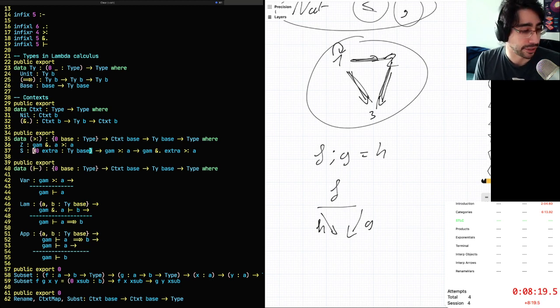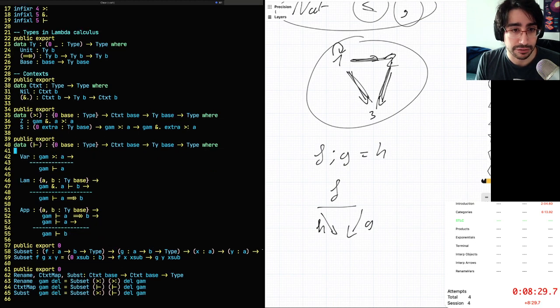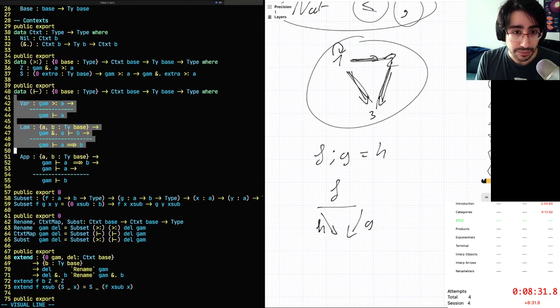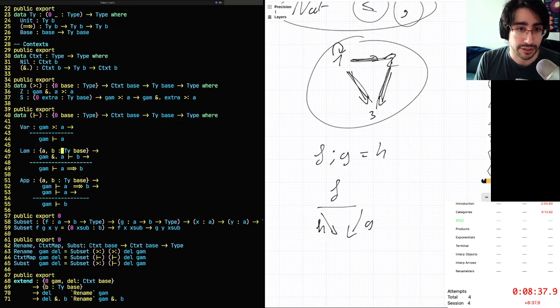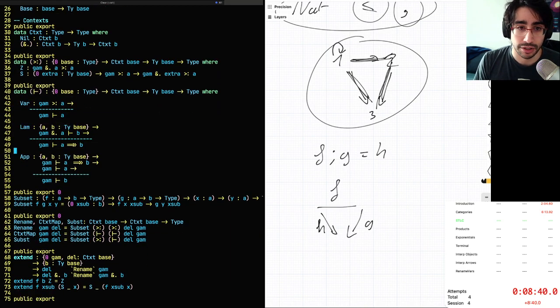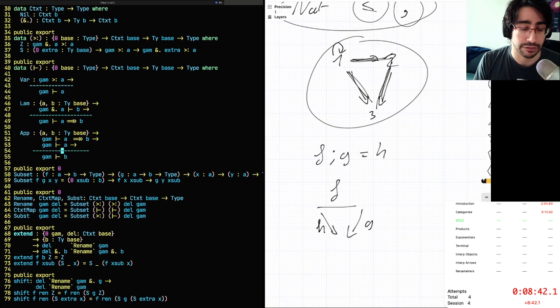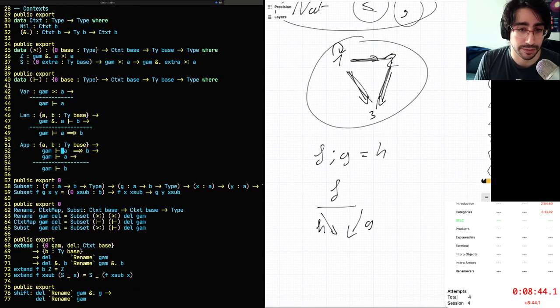This is commonly known as the intrinsically typed lambda calculus. And we have terms here, which say that a term is either something that refers to a variable in contexts, or lambda abstraction, or application of a function to its argument.